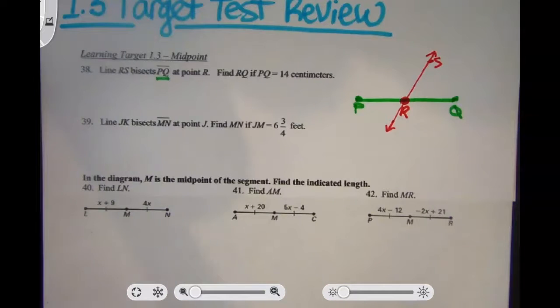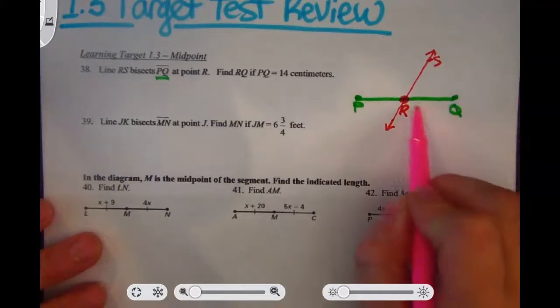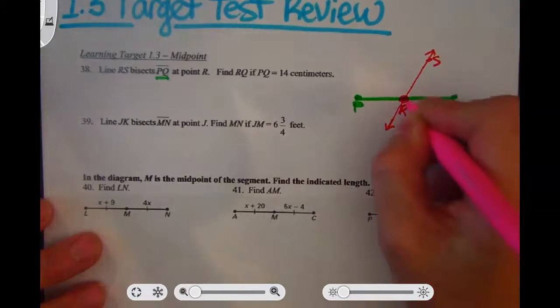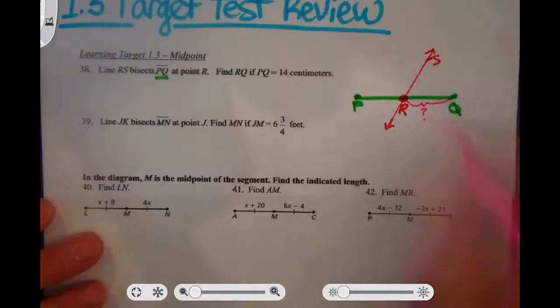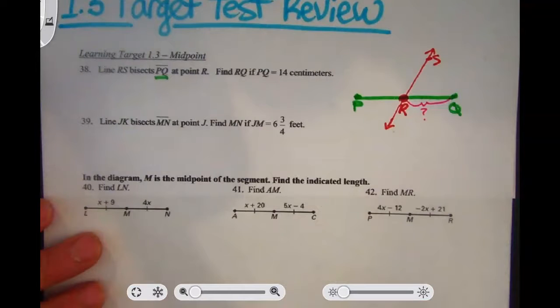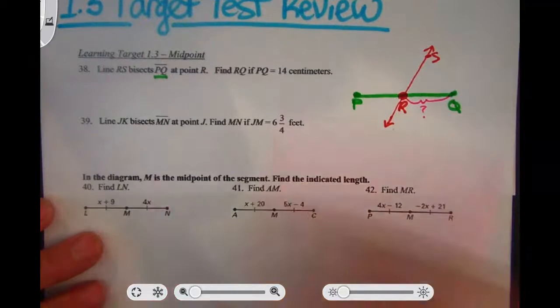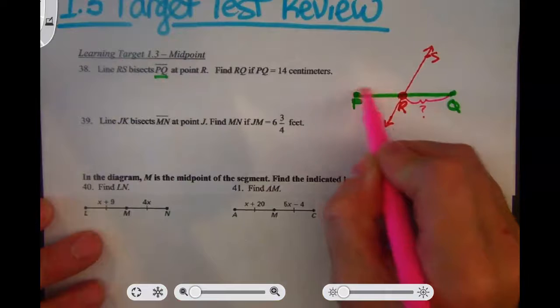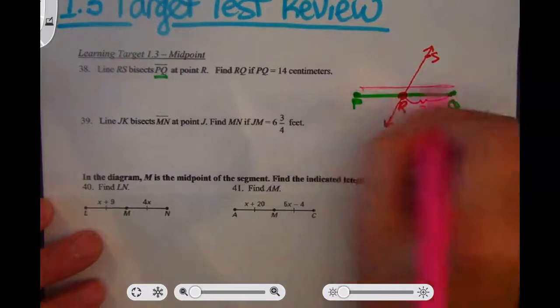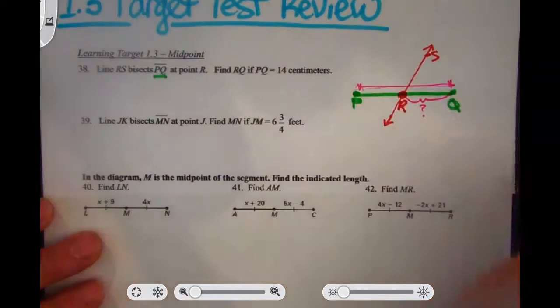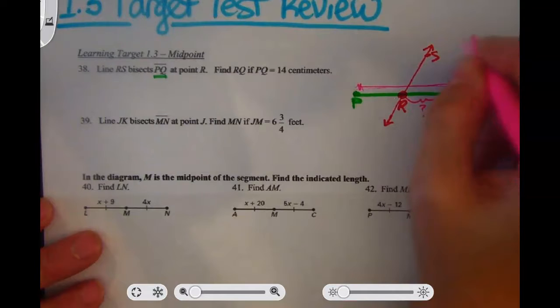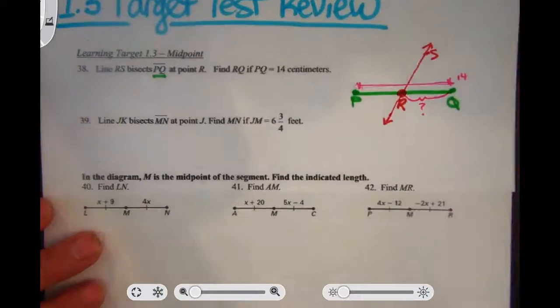It says find RQ. So this is what we're going to be looking for right here. I'm going to put a question mark. RQ, it says if PQ, so the whole thing right here, if the whole thing is 14. And I'll just put that off to the side.